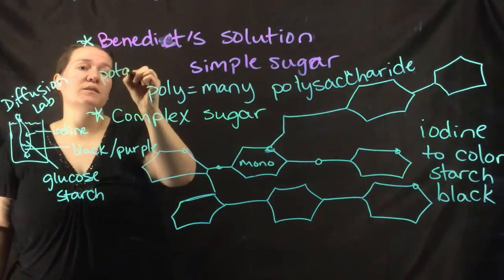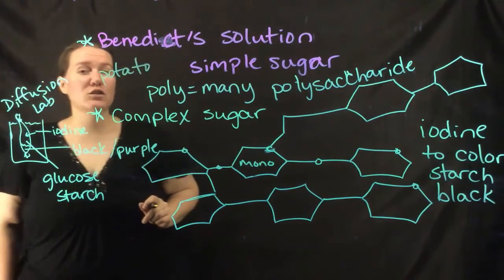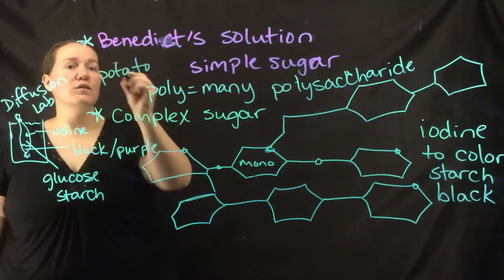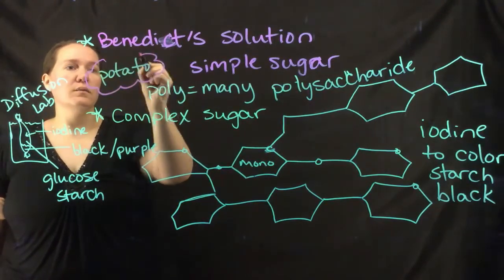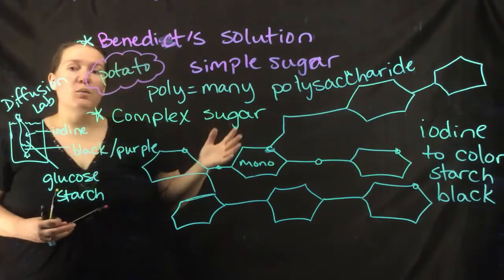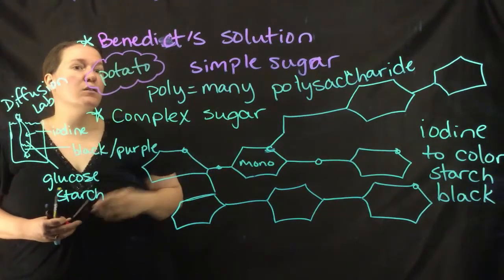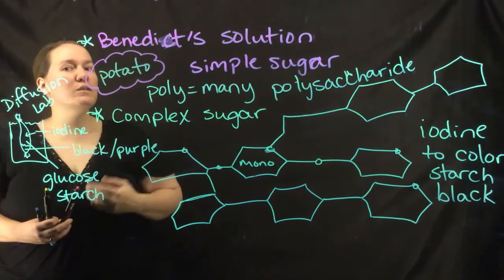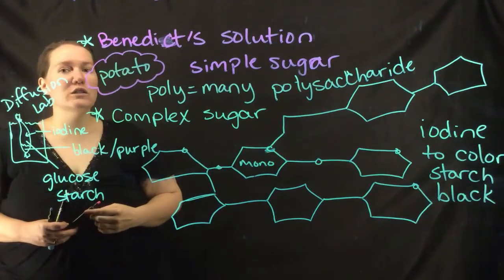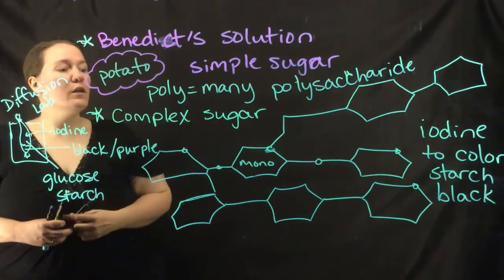We know potatoes are starchy vegetables, so you should have known that that's your starch. We knew intuitively that potato should have starch in it. We also tested cornstarch just to make sure that we knew the positive result.